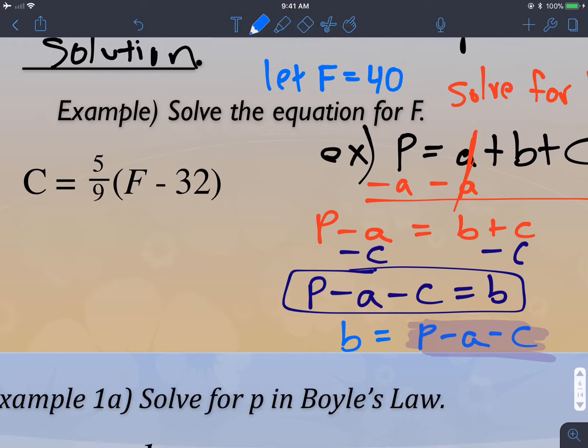Okay, I'm going to do the other one, but I'm going to change it up a little bit. It says let F equal 40. So this is how you change from Celsius to Fahrenheit. And, well, what do you do if F is equal to 40? Plug that in.